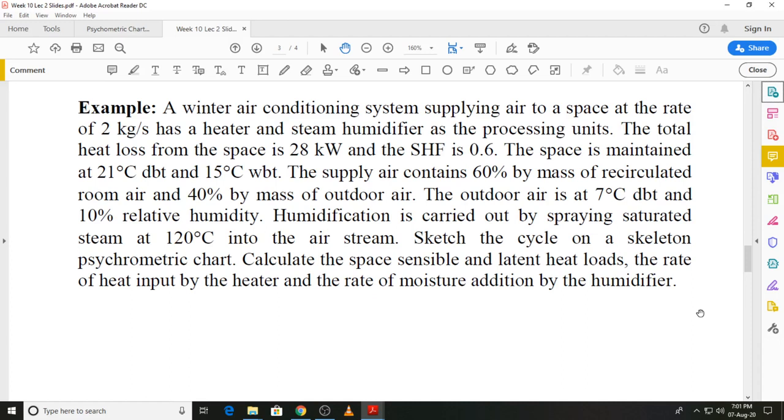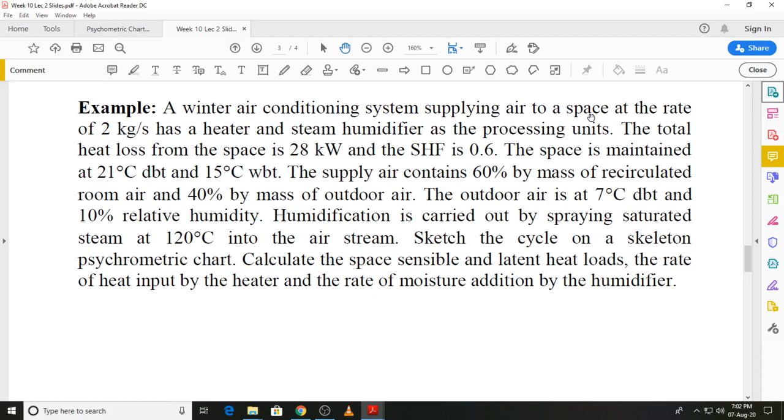So if you look at it, the space is being supplied with air at 2 kilograms per second, and this is 2 kilograms dry air per second. If you are given the mass flow rate of air, it is kilogram dry air per second, and sometimes it is just written as kilograms per second. We have a heater and humidifier.